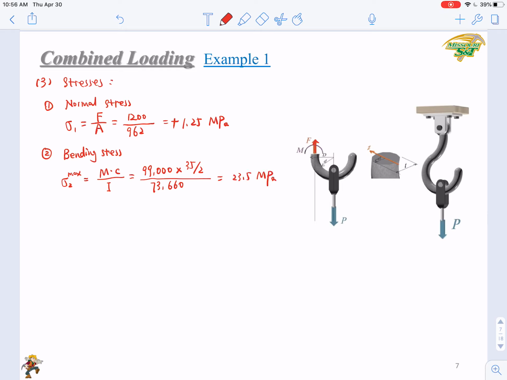Is this in compression or tension? It depends, right? It depends on the locations, the points, right? So let's look at the left point and the right point, the right-hand side. Okay, so on the left, will it be in compression or in tension? It's a bending moment in here, right? So would that be in compression or tension? It'll be in compression, right? In compression, so that means it will be negative.